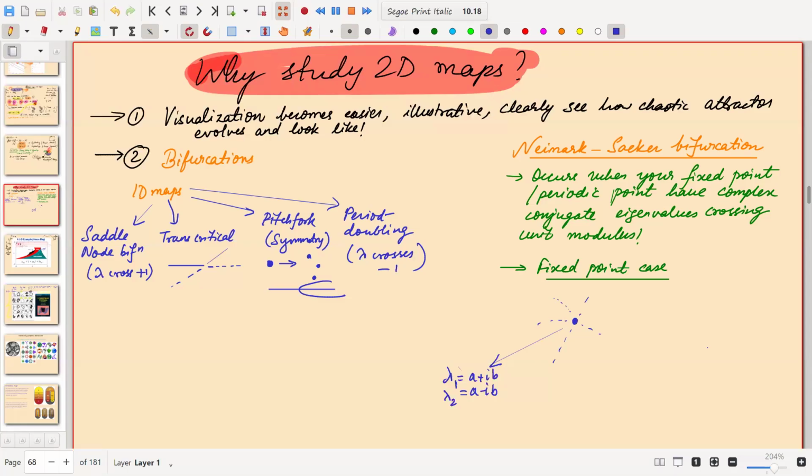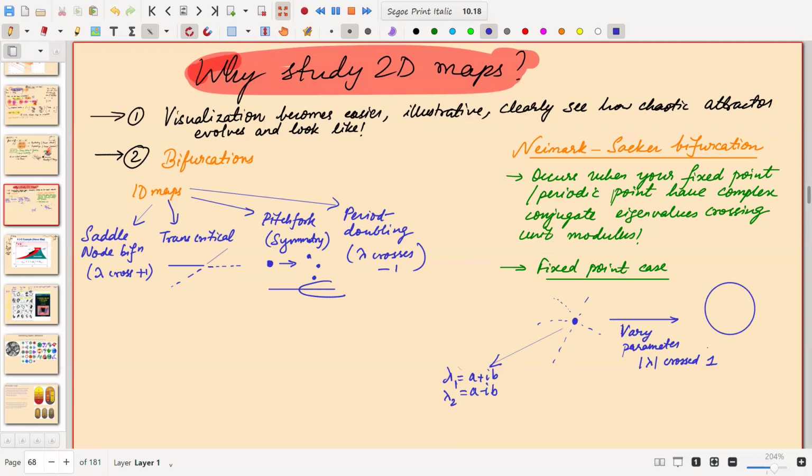Suppose that happens. That means as you vary the parameter, at some parameter value, mod of lambda crossed unity. Then what happens is, instead of this fixed point, you will see a closed curve.